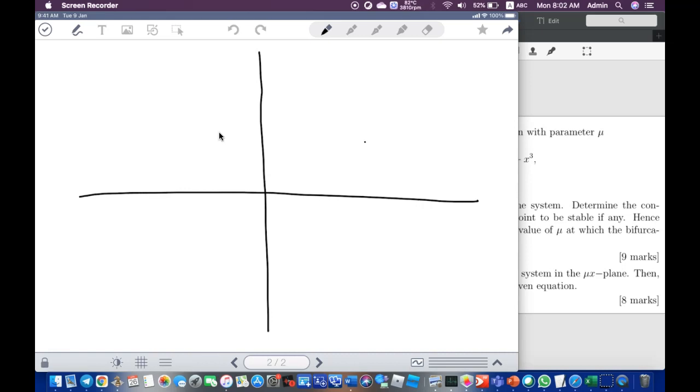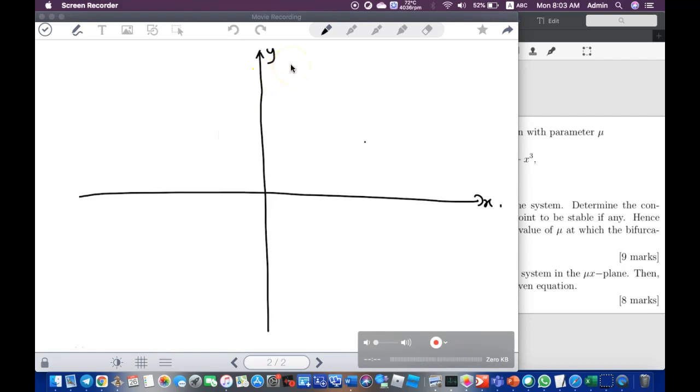Just now this is y-x, I forgot, it's not y-x but x versus mu.